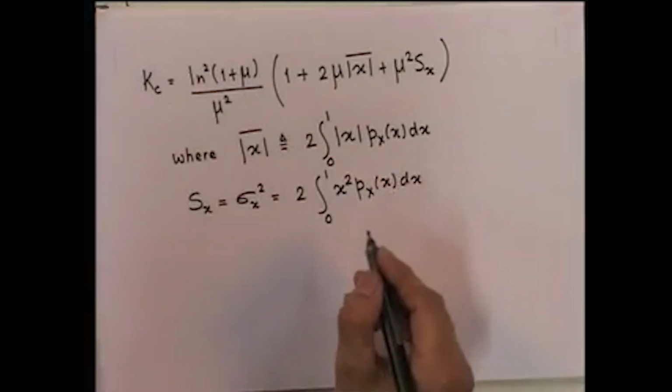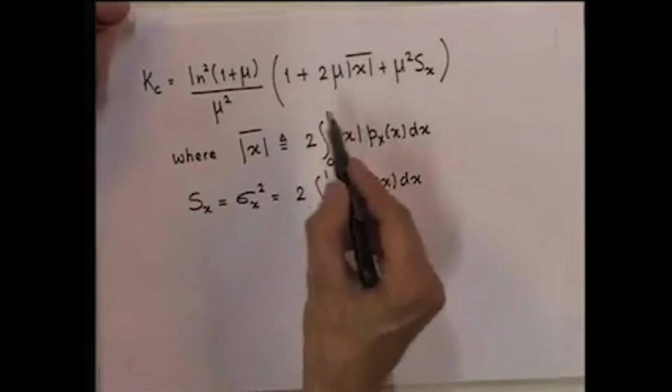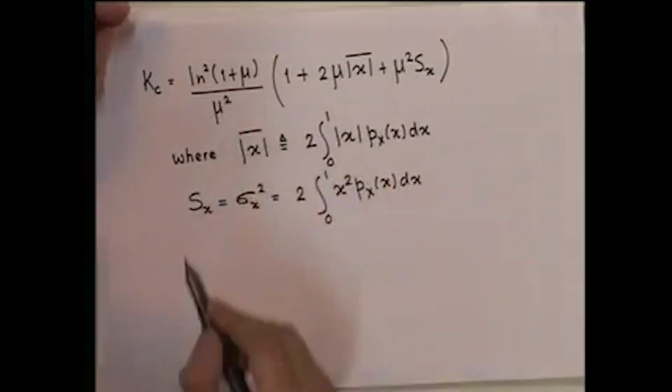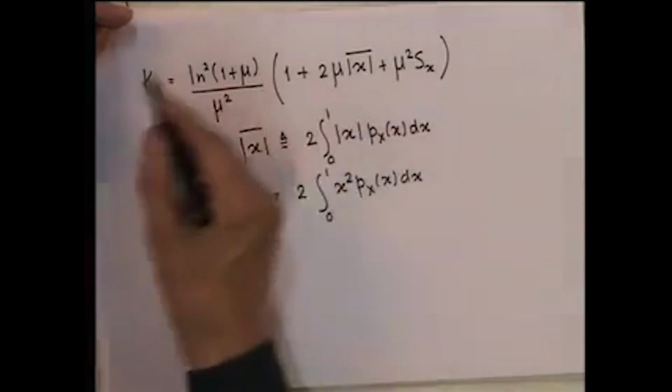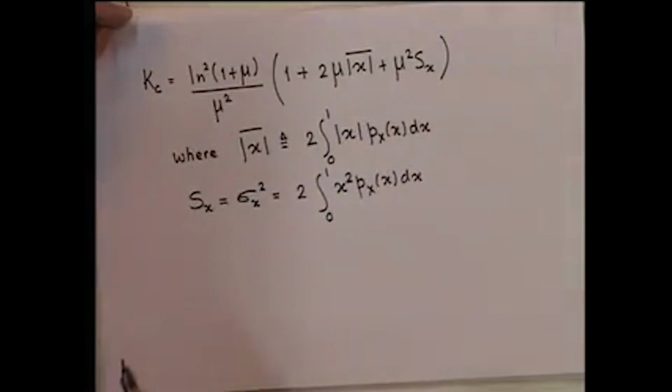Now we need the values for the average of mod x and S x to test the efficacy of mu law companding.